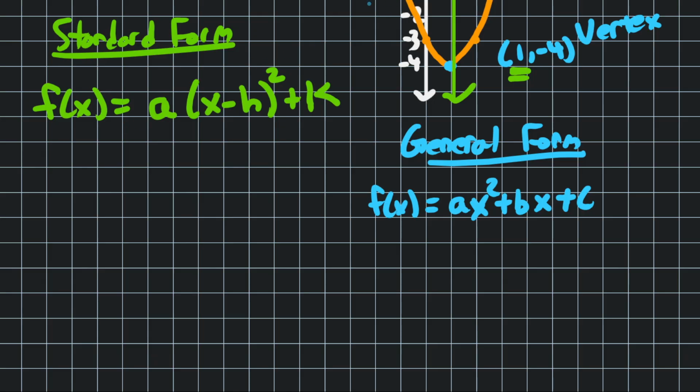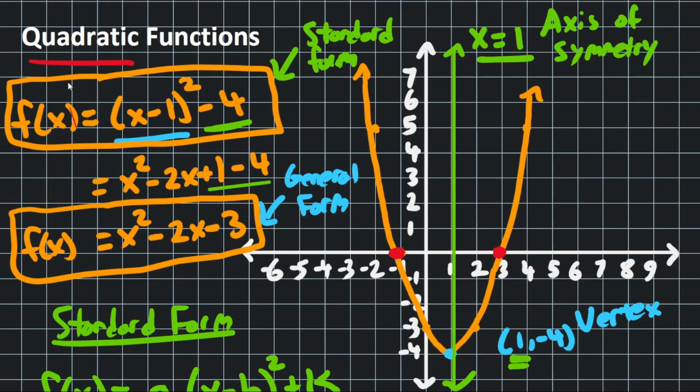But let's get back to the standard form over here. So what is a, what is h, and what is k? Let's reference our standard form function up here. Our function in standard form is f of x equals x minus 1 squared minus 4.